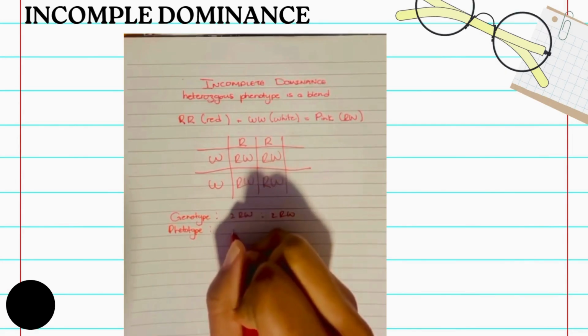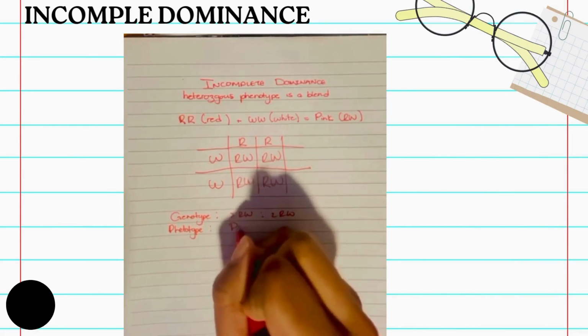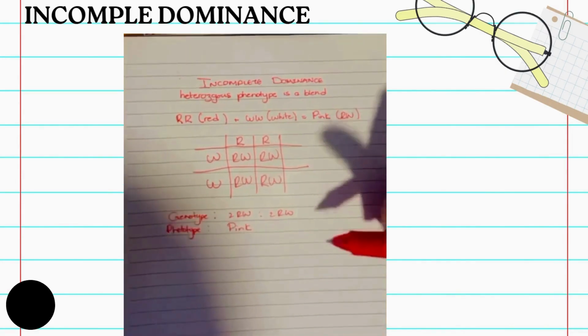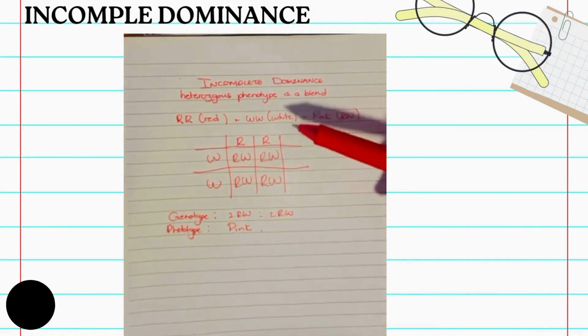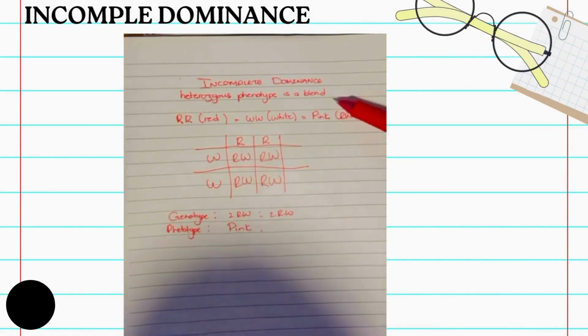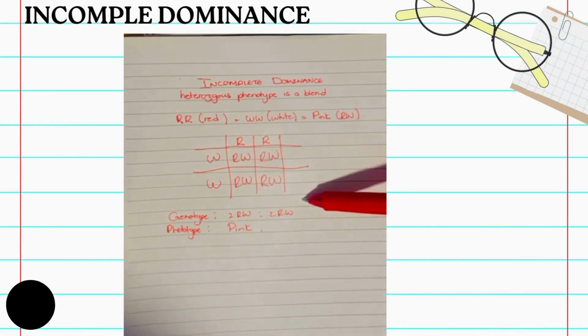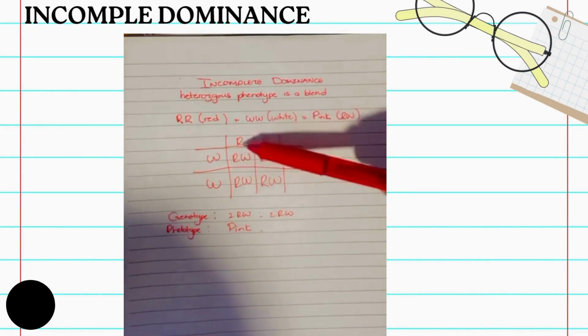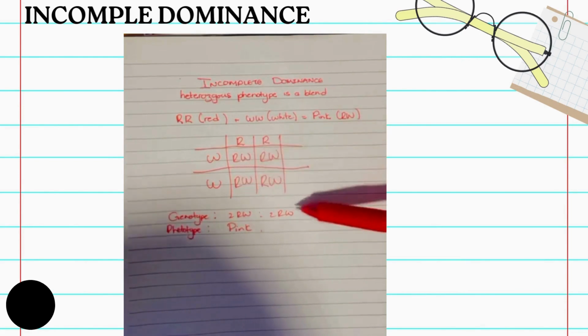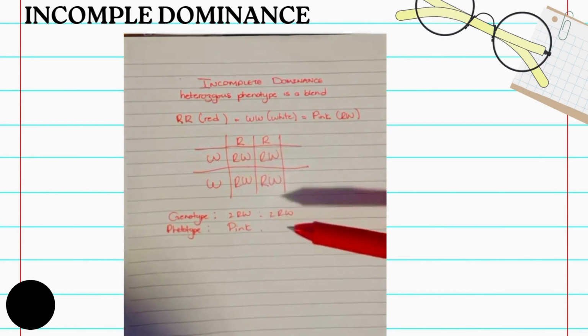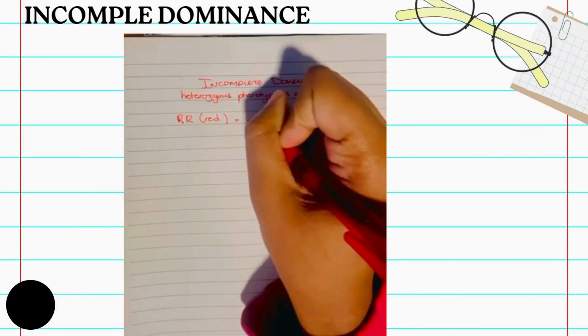So that's what happens in incomplete dominance. And then in complete dominance, remember the first one we did in the monohybrid cross, the brown eyes or the brown allele, the dominant allele, was the one that was dominant. So complete dominance is when the dominant allele is the one that presents.